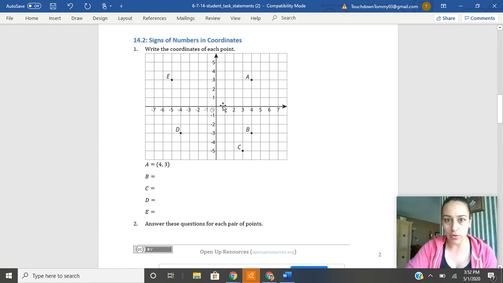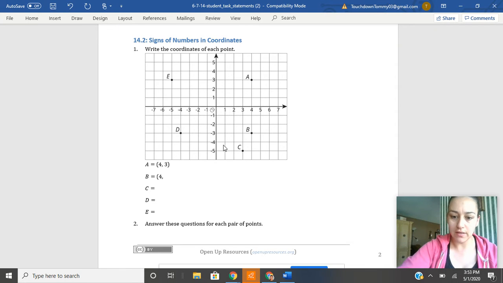B is also over to the right 4, but this time it's down below the line, down 3. So just as far from that axis line, but down instead of up, so it's going to be negative. So this one is 4, negative 3.